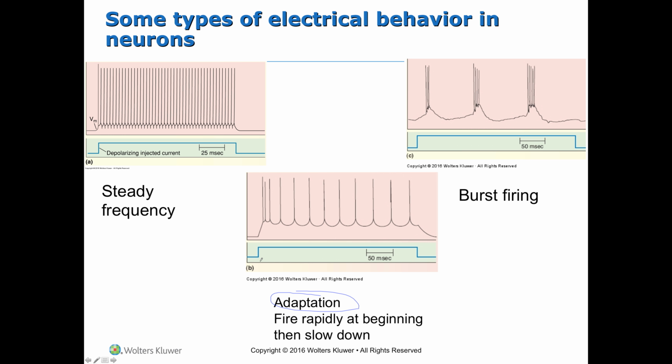Here, you have an injected depolarizing current, it fires rapidly here, but then slowly adapts. Or you can have burst firing, where you have a lot of action potentials occurring in short segments, and then the neuron will show periods of adaptation and then burst fire again shortly later.